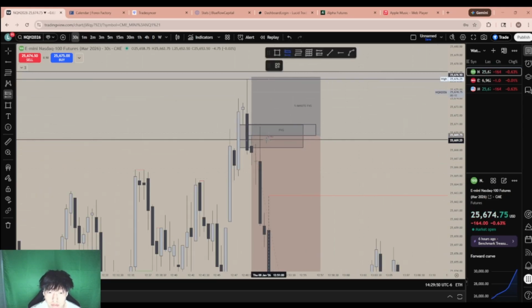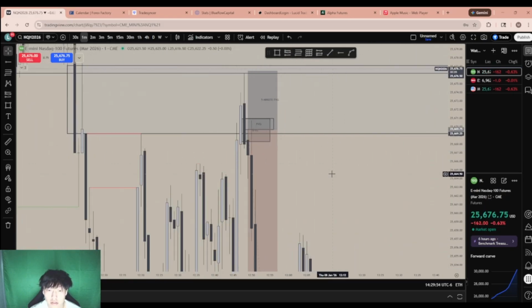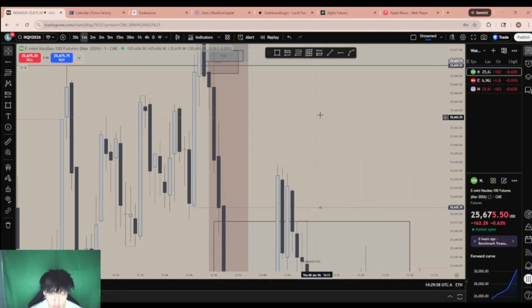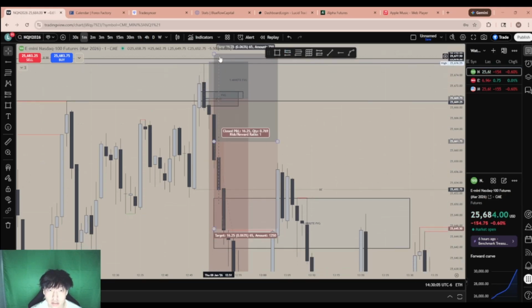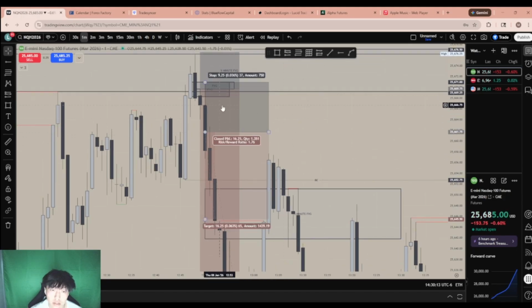And then let's go to the 1 minute. Where are we now? You could have caught this. Let's say you caught this retest. Your stop would probably be above this fair value gap and above this wick.